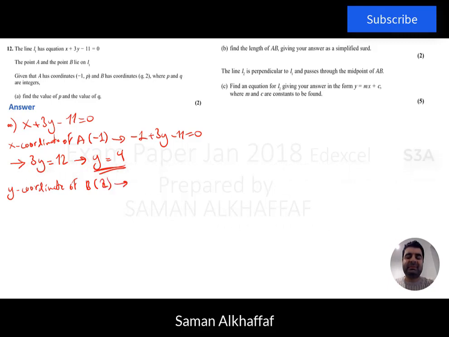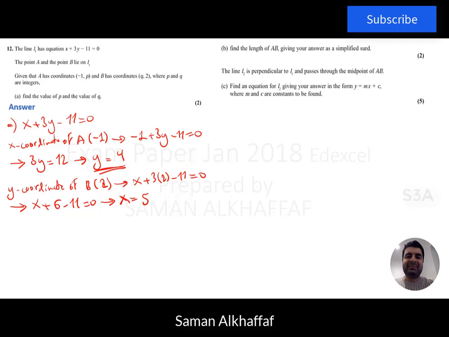So x plus 3 multiplied by 2 minus 11 equals 0. When it's subbed back in, we would have x plus 6 minus 11 equals 0. So that should give us the value of x being 5.